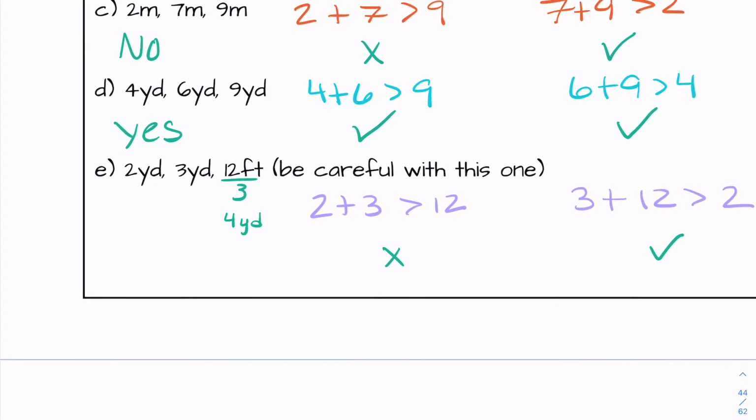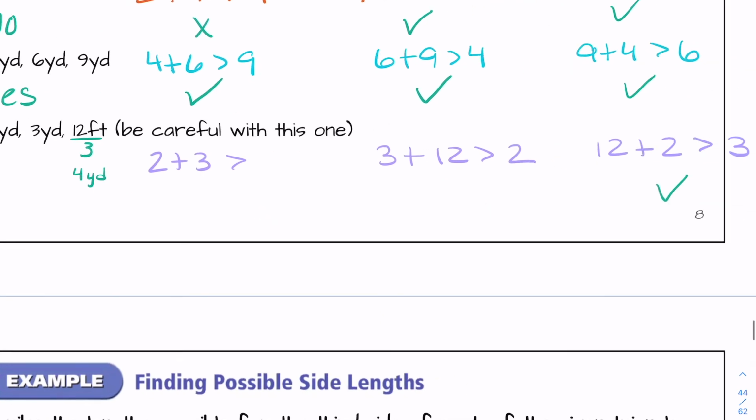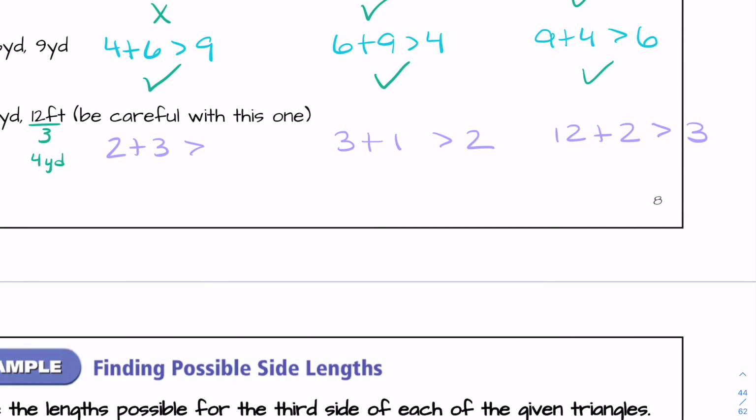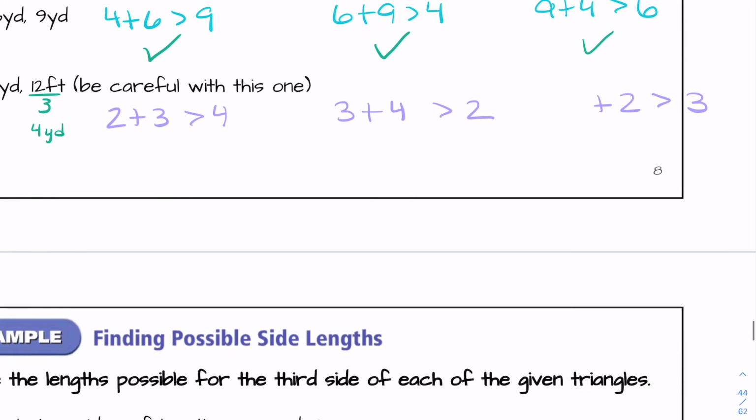So either way, it doesn't matter. But this 12 is no longer a 12. So we got to fix it. So we have 2 plus 3 is greater than 4. 3 plus 4 is greater than 2. And 4 plus 2 is greater than 3.